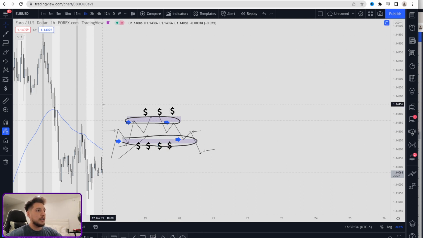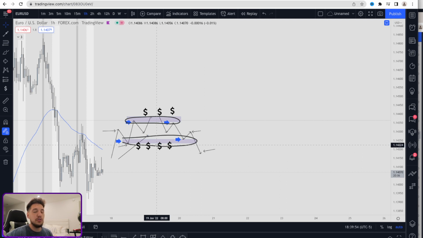So typically, the institutions and banks like to create these pockets of liquidity. That is why banks like doing that, because it incentivizes you to make some early profits, but at the end of the day, they are going to do what they can to wipe you out.